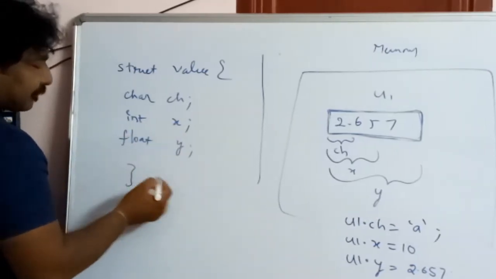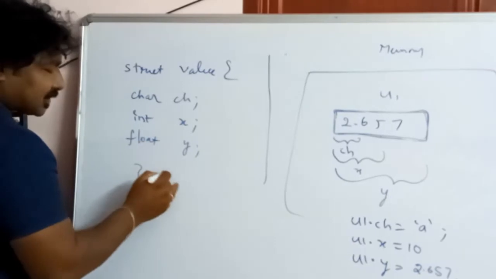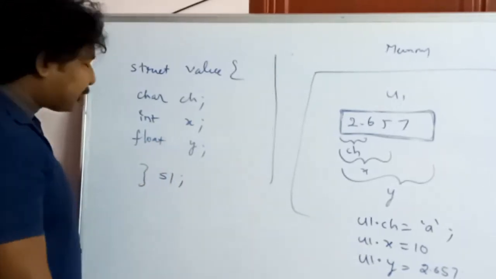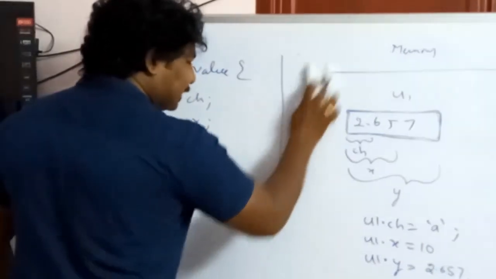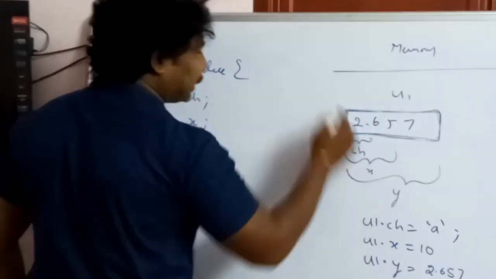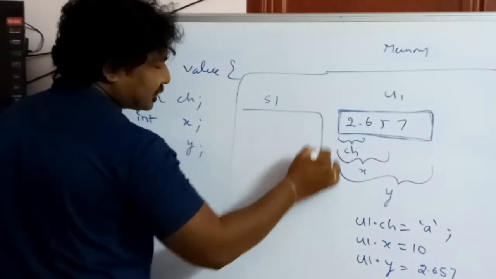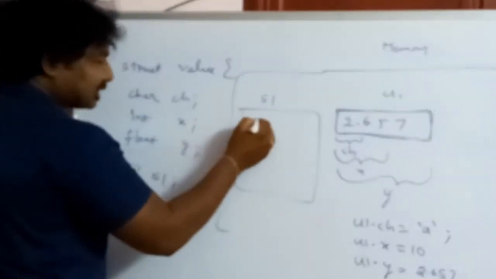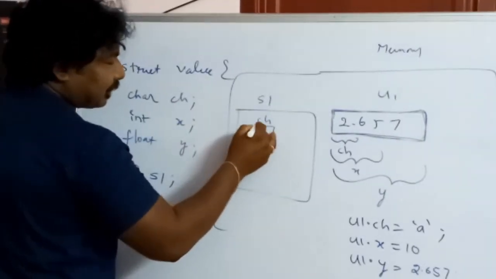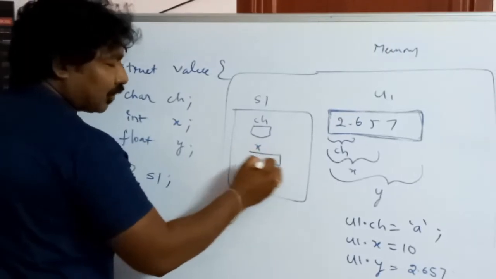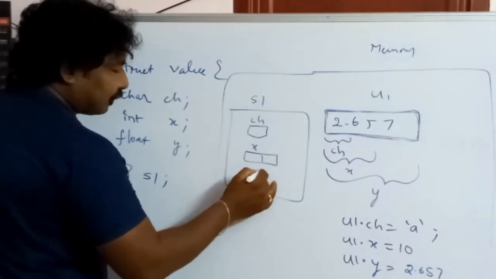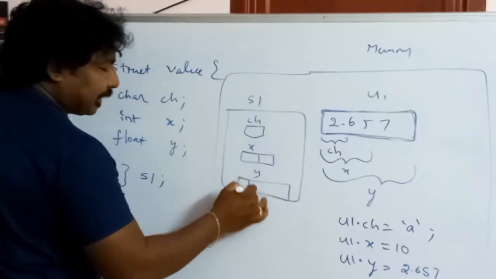I am declaring a variable called s1 here. So for s1, ch will occupy 1 byte, x will occupy 2 bytes, and y will occupy 4 bytes, friends.